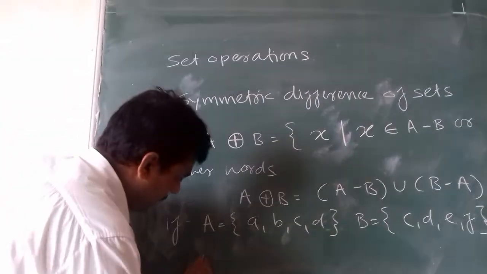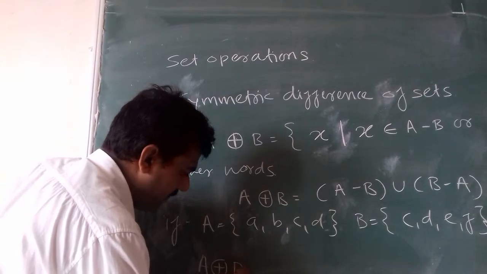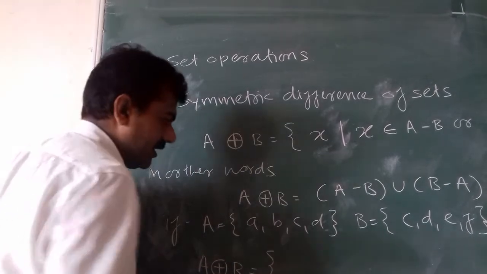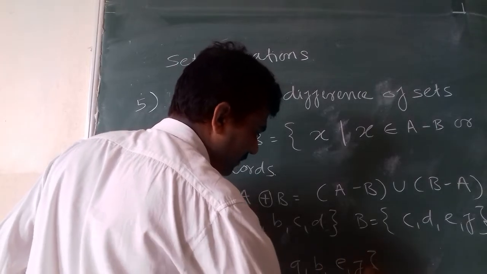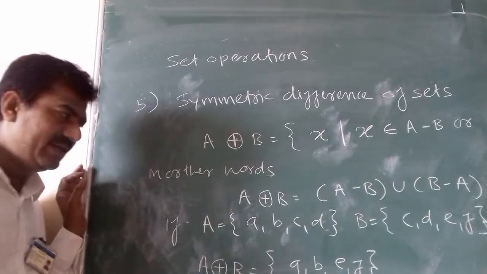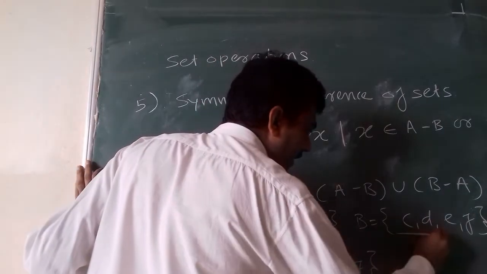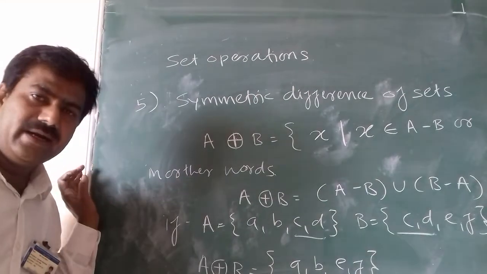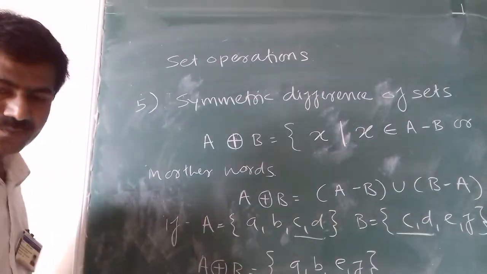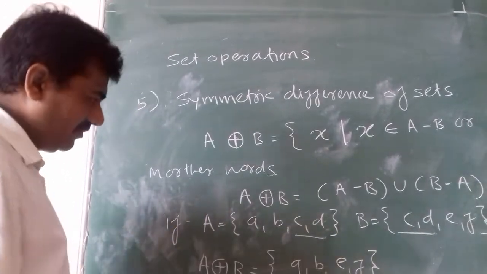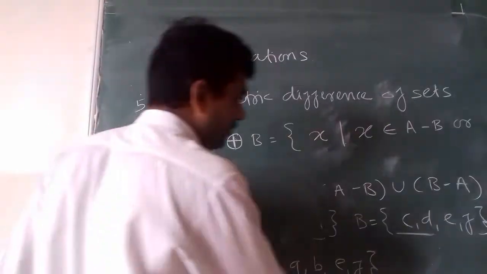Then the symmetric difference of A and B is the set which contains the elements a, b and e, f. That is, the common elements between the sets get removed. So this is the symmetric difference. We'll see one more example on this.